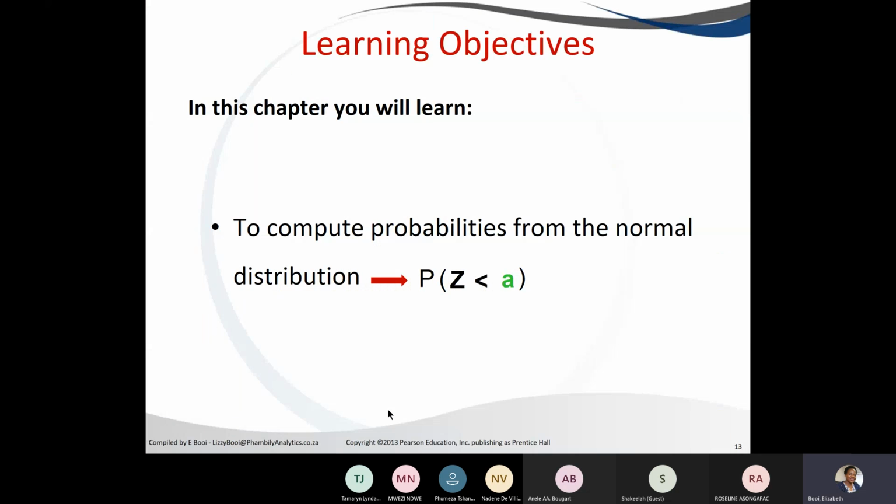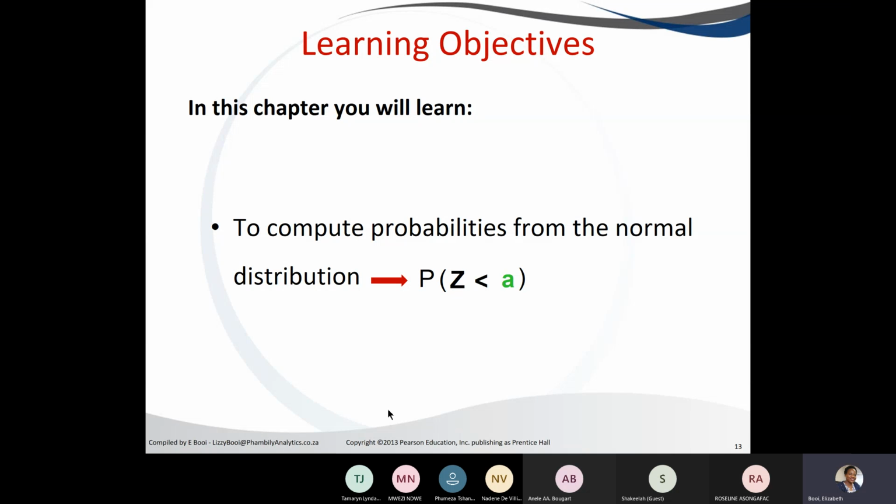And this is where we calculate the probability of less than. And I also mentioned that we're going to be using the table, and the table has the positive and the negative side of the table. And the table that we're going to be using is called a cumulative standardized normal distribution table.